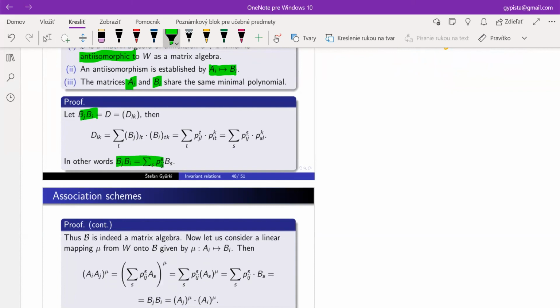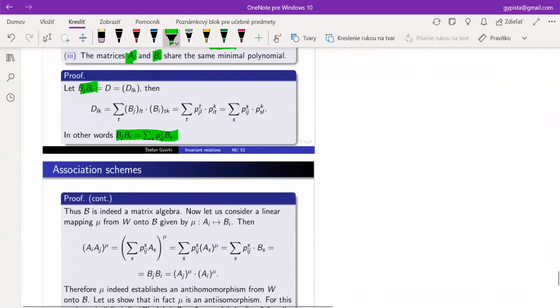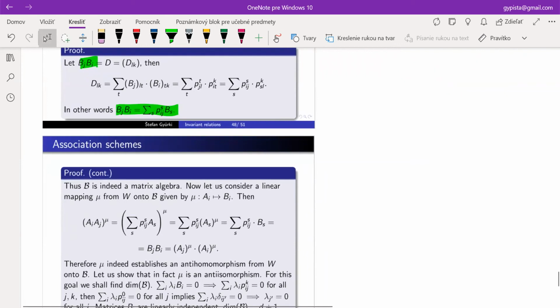So on one hand, you are obtaining this, and from this you can immediately see how to choose.